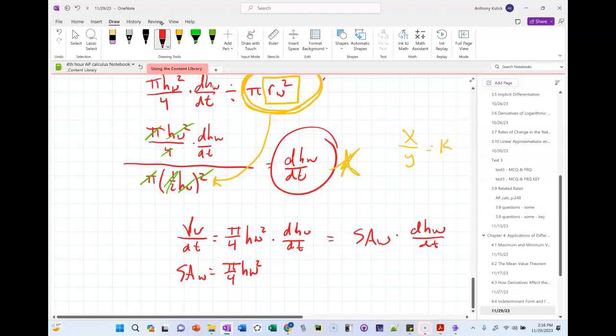What's next, guys? Some more 3-9 stuff. I know this can be tricky, and it's unfamiliar, right? Which is tough.